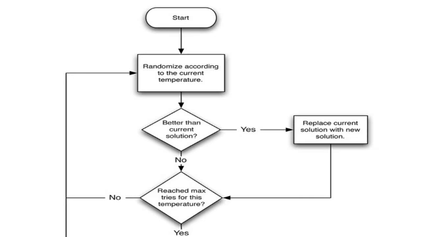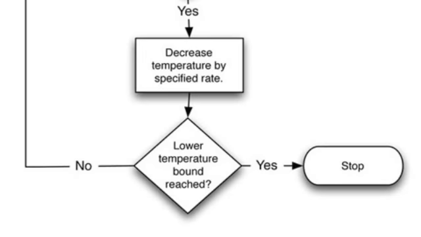Then we see if we've reached the maximum tries for this cycle. We continue looping if we have not. We keep applying the randomization until such time as we get a better solution than what we had previously. This will continue till we reach this maximum.